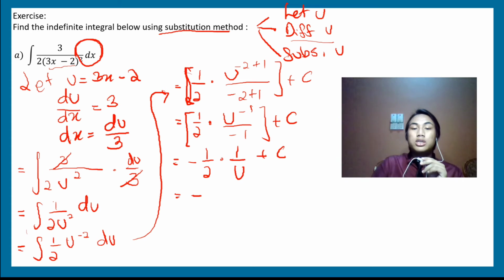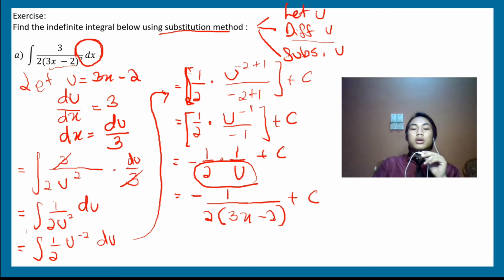Okay, actually we can times it 1 over 2 in the bracket of 3x minus 2, plus c. All right, so the function's power is 1, right? So the best answer for you to write is you multiply 2 into that function.